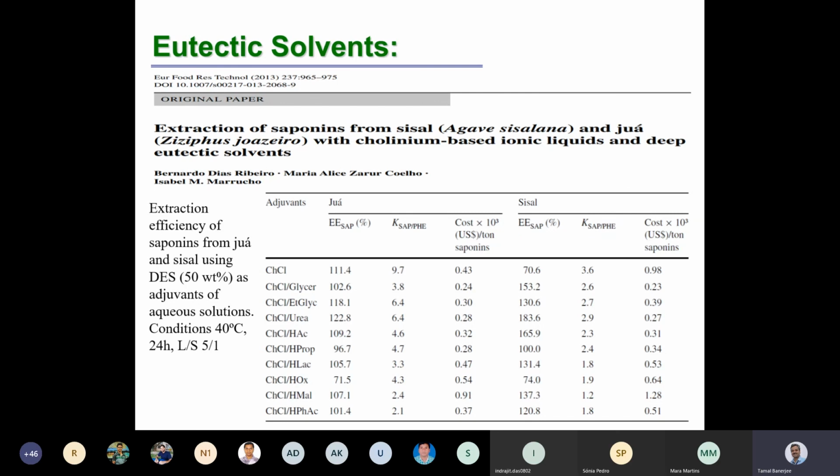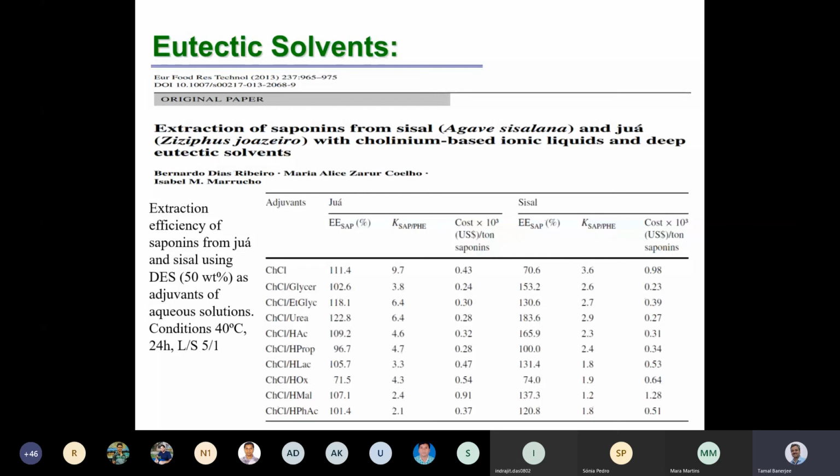They don't have any part of recovery, so they compare solutions of eutectic solvents with water, half eutectic, half water, and we use the choline chloride solution to compare, and we have some results.